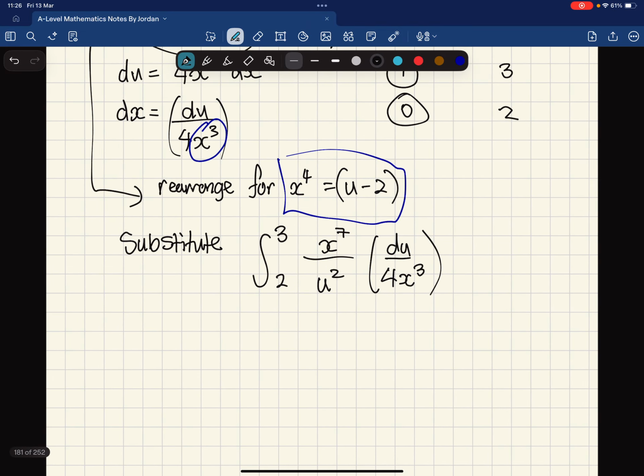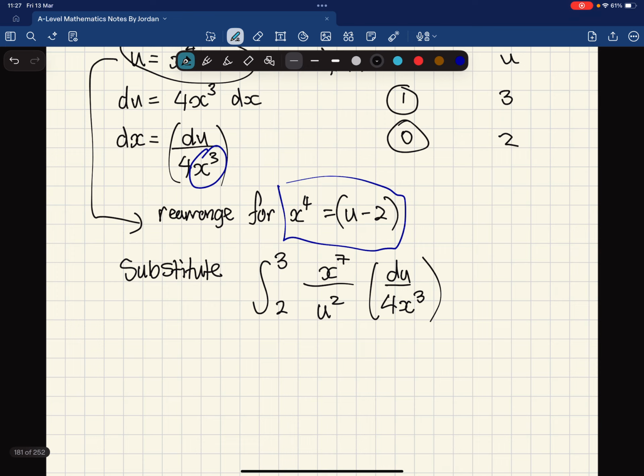So like we were saying earlier, we've got the x to the power of 3 in the denominator here, and we have x to the power of 7 in the numerator. Let's do a bit of simplifying. I'm also noticing the 4 in the denominator here, so I can pull that out as 1/4 at the front.